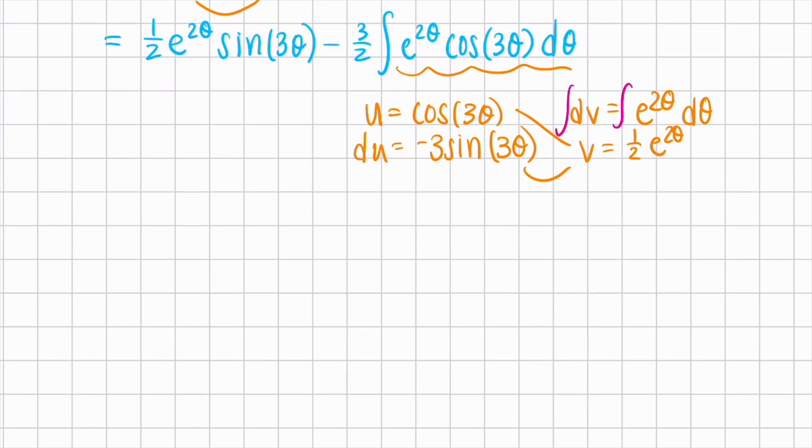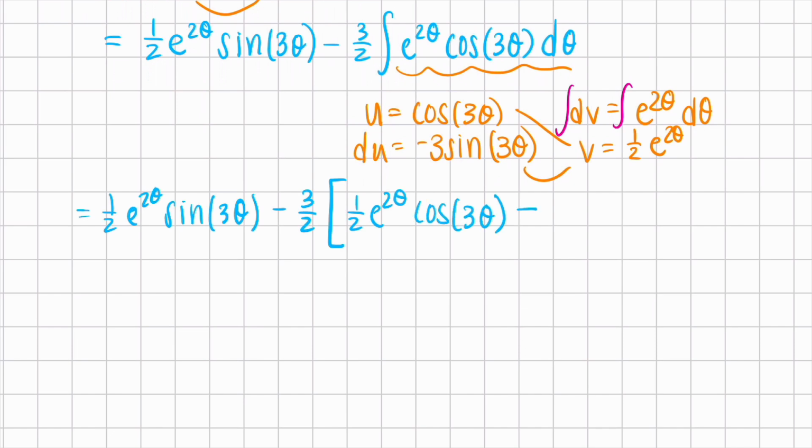So let's write it out again. And then I have minus 3/2 times my integration by parts. So I'm going to have 1/2 e to the 2 theta cosine of 3 theta minus, in my integral, I have negative 3/2 e to the 2 theta sine of 3 theta d theta.